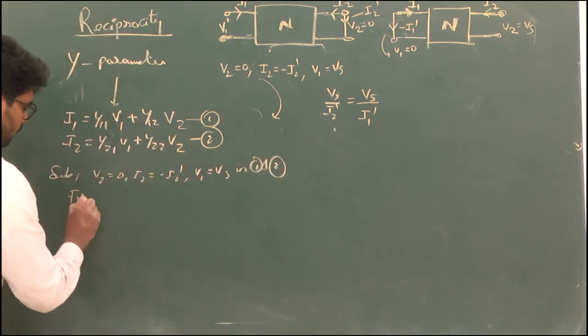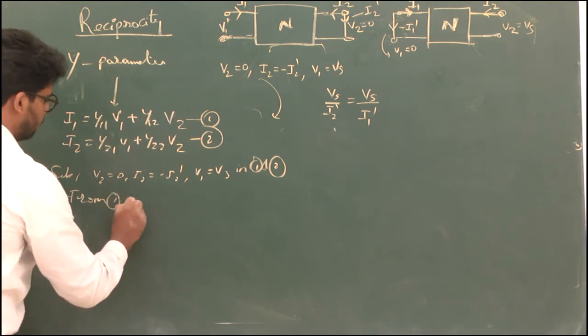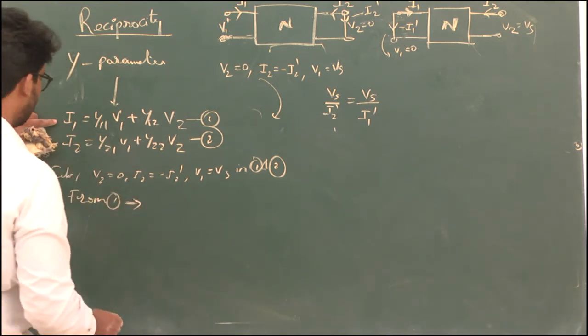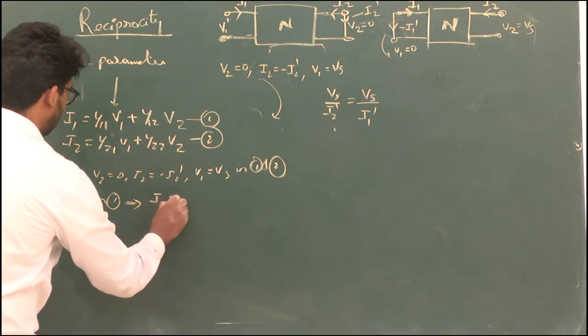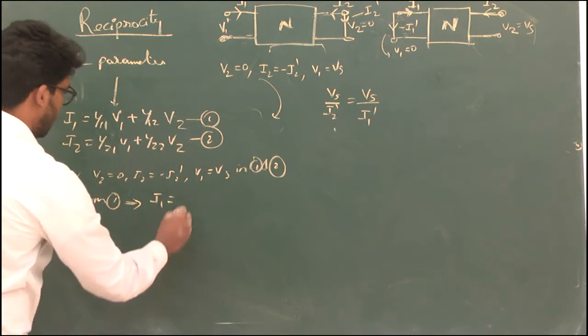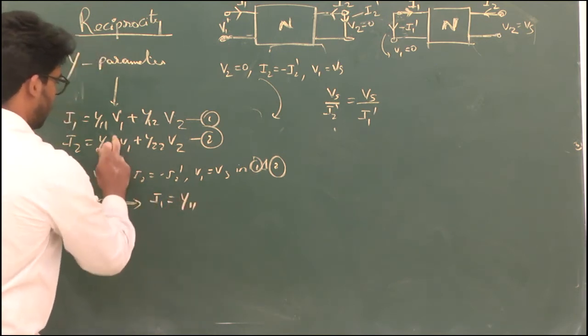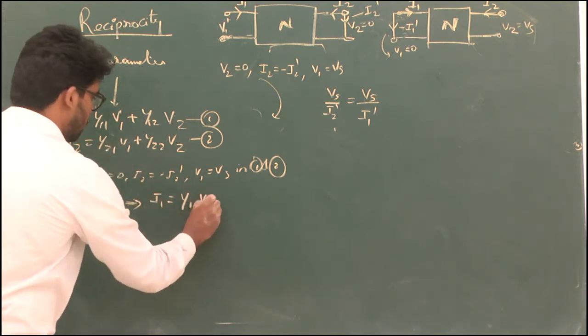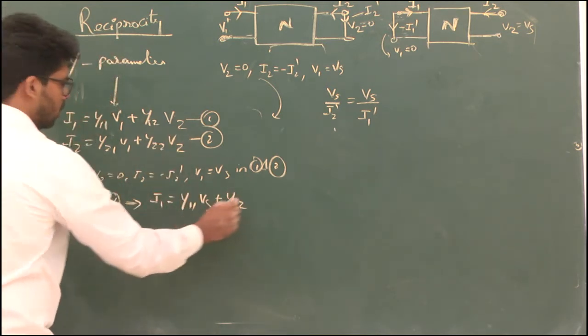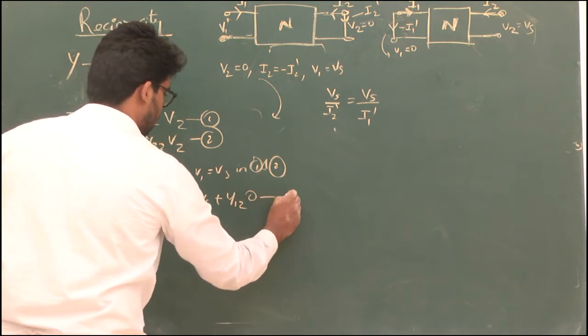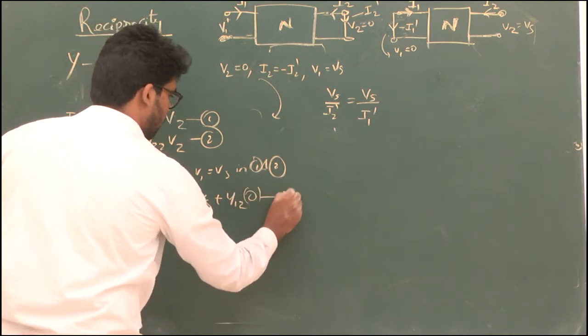From 1 you have I1 equal to, I1 is not affected anywhere, y11 where v1 is replaced as vs, plus y12 where v2 is replaced as 0. Let us say this is equation 3.